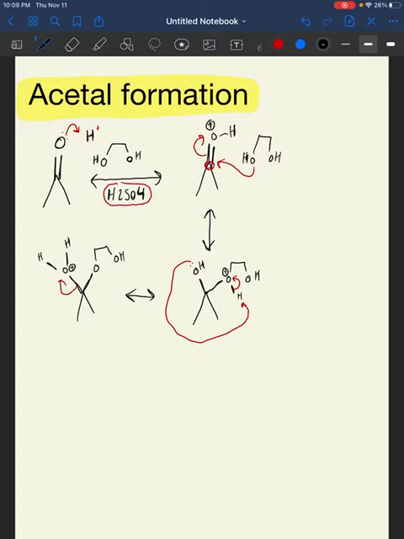That's going to open us up an orbital. This orbital is now open. That's giving this oxygen permission to land right up in there. Once again, reversible.